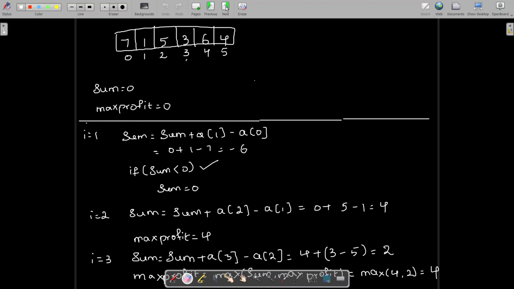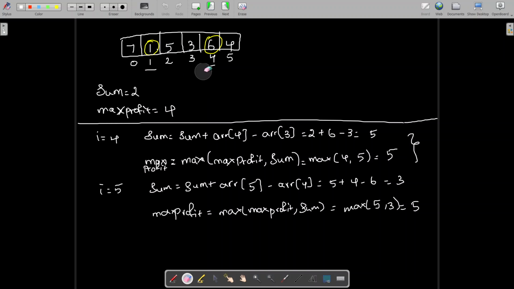Next we continue the loop, and at i equal to 4, we will be removing the 3rd day's term. Now 6 minus 1 is 5, so we get a profit of 5 by removing 5 and 3 while computing the sum.